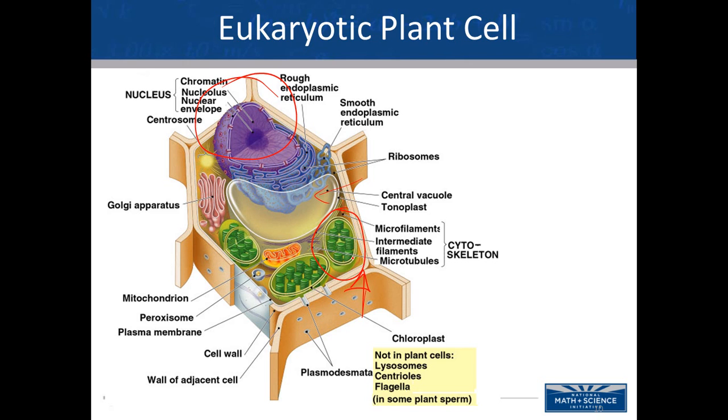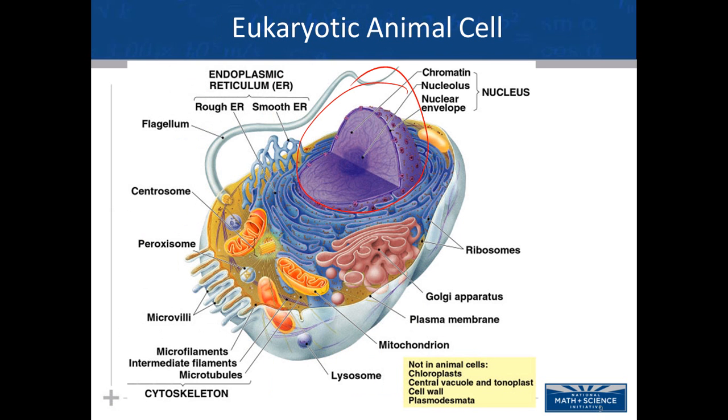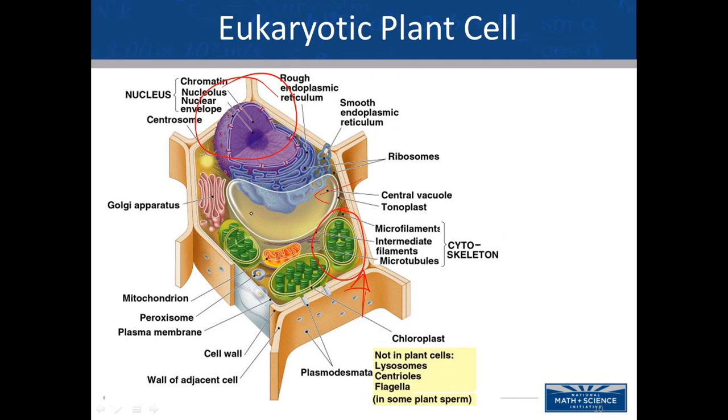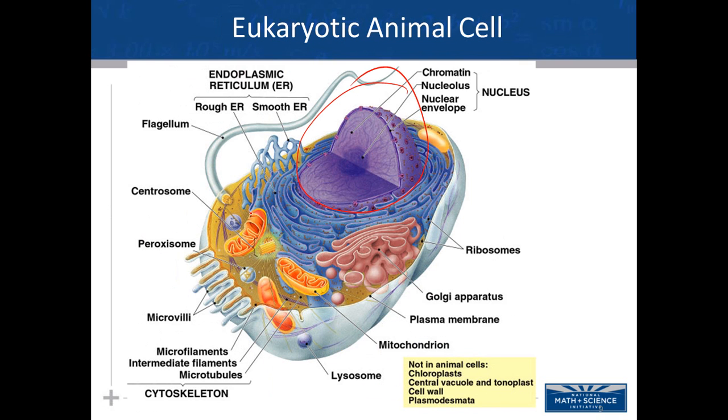If we go back and we look at an animal cell, animal cells have this little structure right here called centrioles in a region called the centrosome. Plant cells have a centrosome, but they do not have centrioles. In addition to that, plant cells do not have lysosomes like animal cells do.